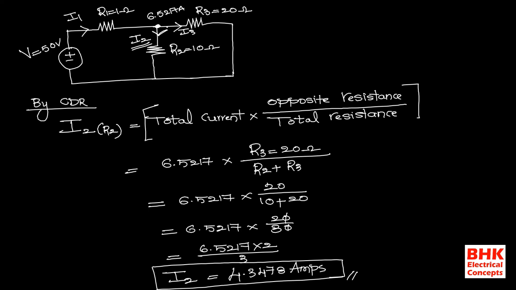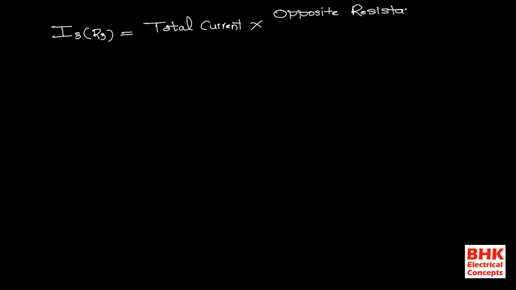Now what is the pending? Calculation of I3 is required. Calculation of I3 is again the same, but while we are substituting in the current division rule, see here the calculation of I3 which is flowing in R3 by using the current division rule. So total current into opposite resistance divided by total resistance.